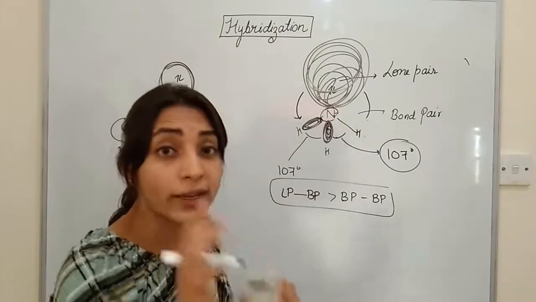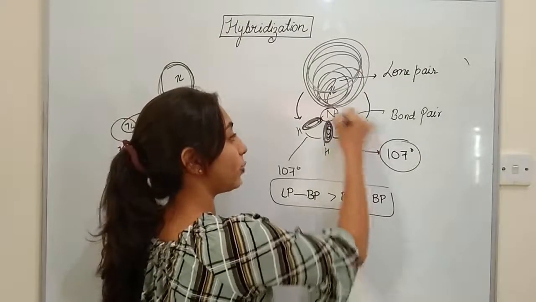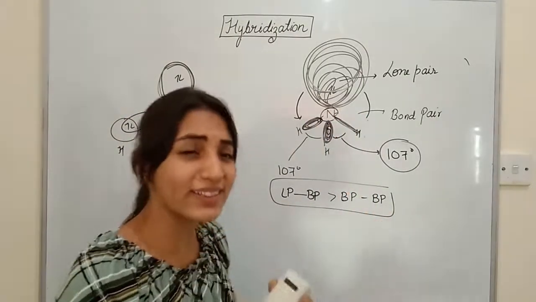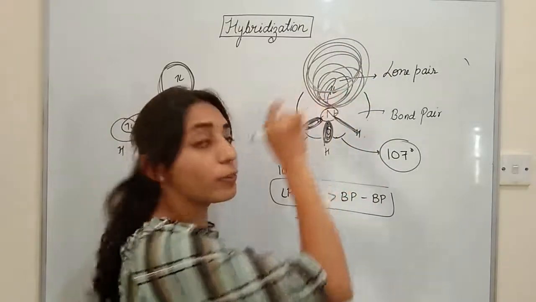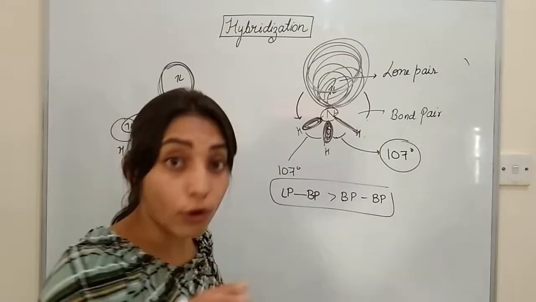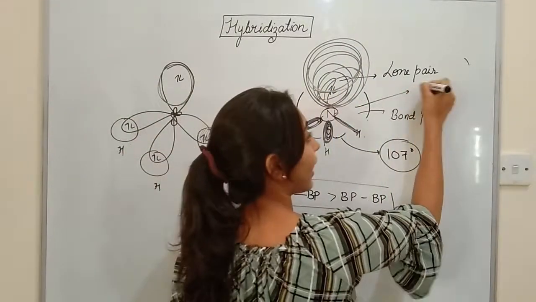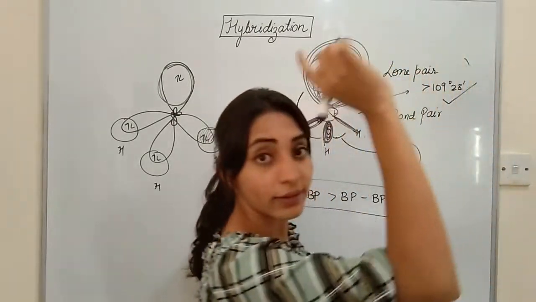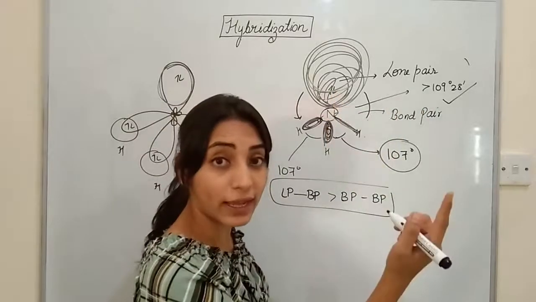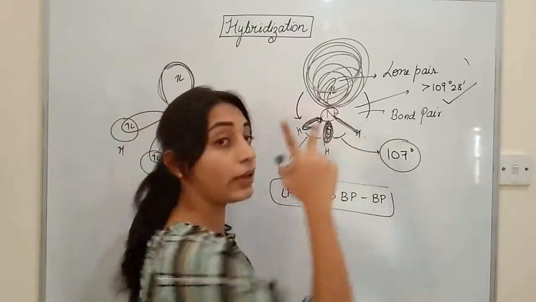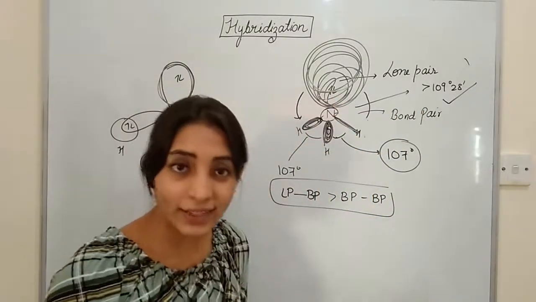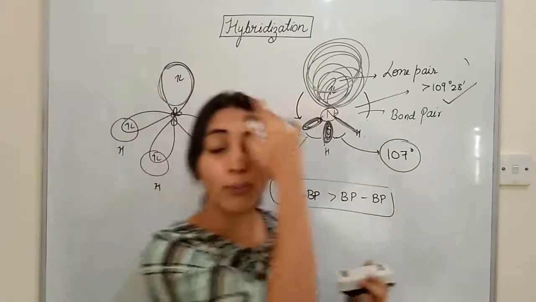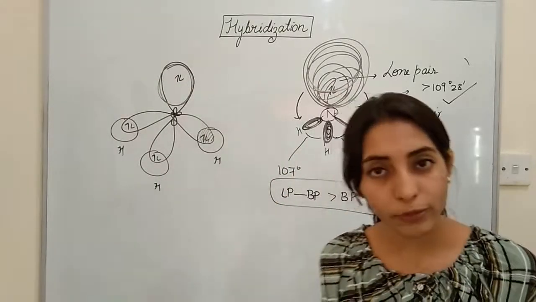Remember, bond angle simply means the angle between these two bonds. Bond angle doesn't mean the angle between lone pair and bond pair, no. So although you might be thinking, ma'am, this angle will be greater than 109 degree 28 minutes, you are right. But this is not known as bond angle. Bond angle is the angle between two bonds. Done? So this is how we get an angle of 107 degrees in the case of ammonia.